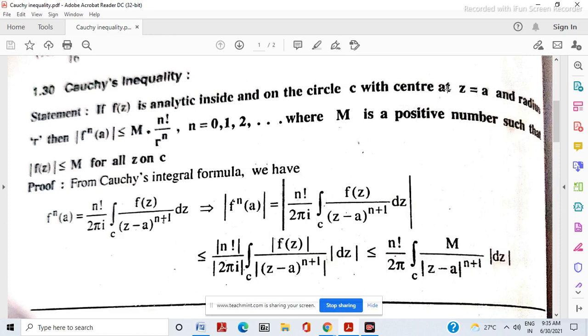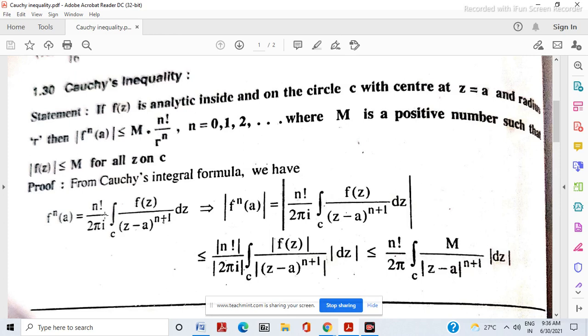That means our equation of the circle is modulus of z minus a equal to r. Again one more condition is given: f of z is a function bounded above by M. It's given modulus of f of z less than or equal to M. Then what should we find out? In that case, we have to find modulus of f^n of a less than or equal to M n factorial by r power n.